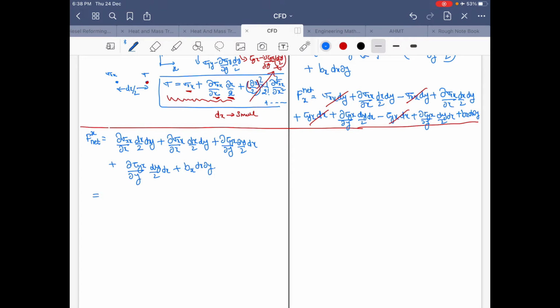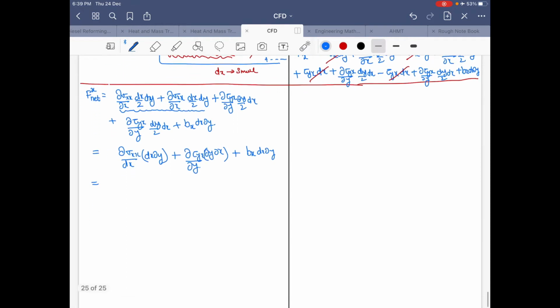Now we will have, since these two are similar, so we can write del sigma xx by del x into dx dy, that is volume, plus del tau yx by del y dx dy, and this is my volume, plus body force dx dy.